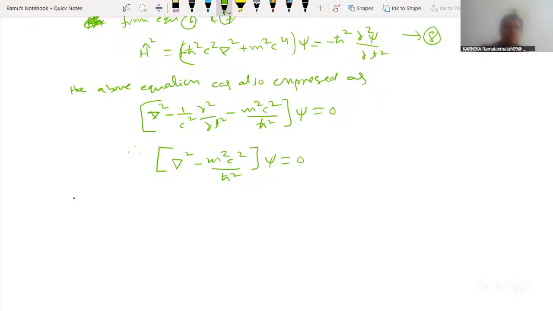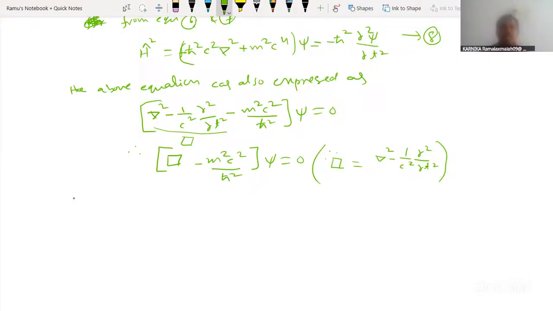Here this is the square box. You take the total value, the square box: □ = ∇² − (1/c²) ∂²/∂t². You substitute this total value here.